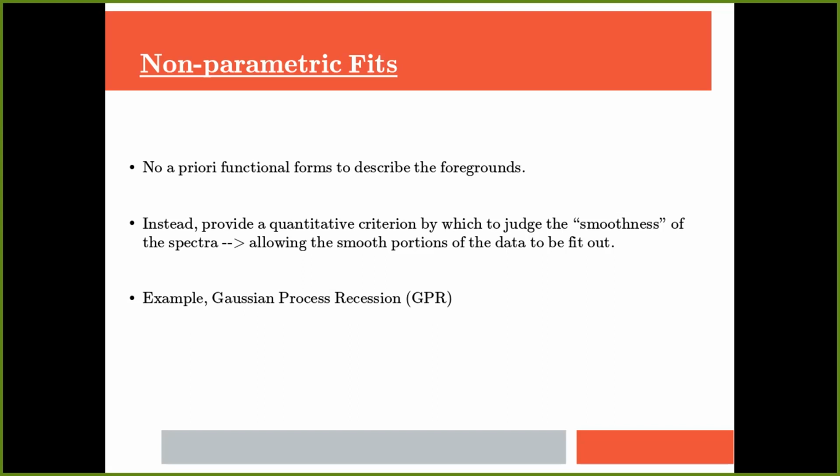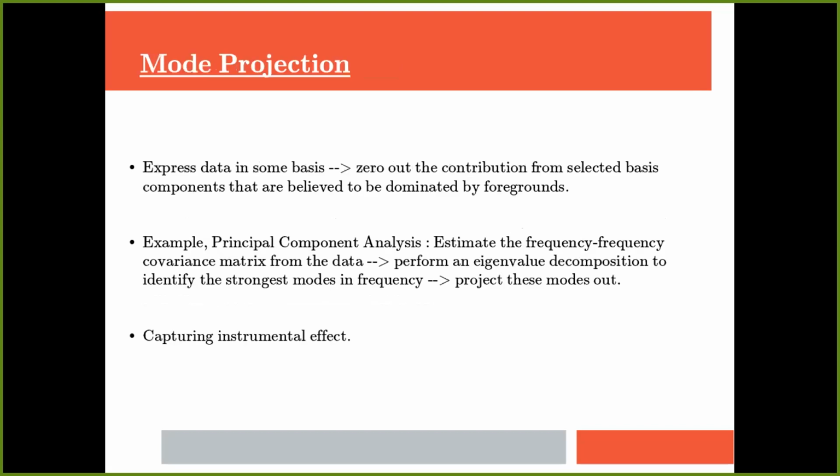That new data, which is expected to represent the foregrounds, is then subtracted from the visibilities of the actual data. The residual data in GPR is expected to only have the contribution from the noise and the signal, one hopes at least.